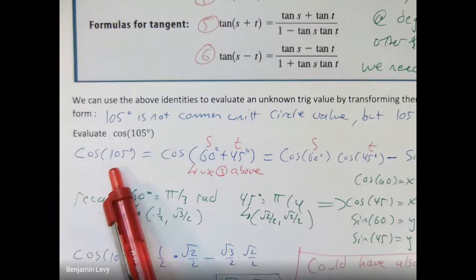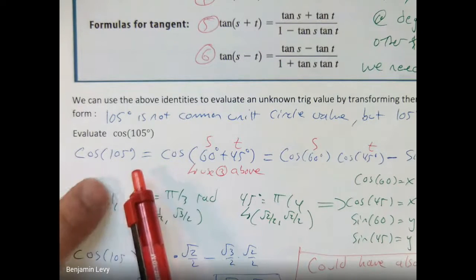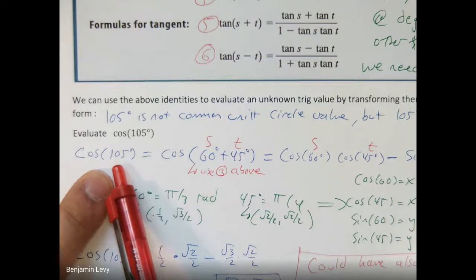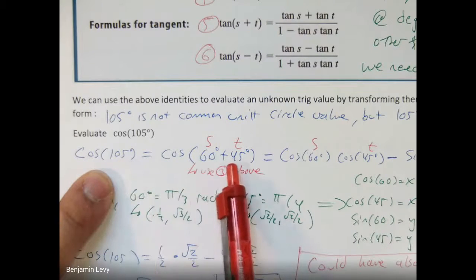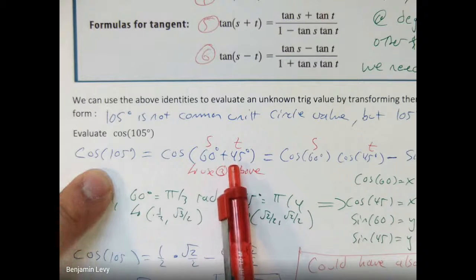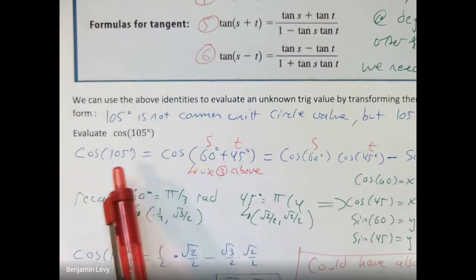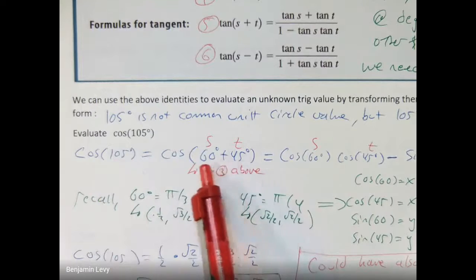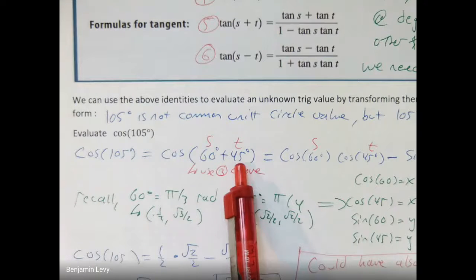It's not a multiple of 30, 45, or 60. But you get 105 by adding 60 and 45, and 60 and 45 are both places we do know. So we take something we don't know, relate it to things we do know, and then use the formula above.